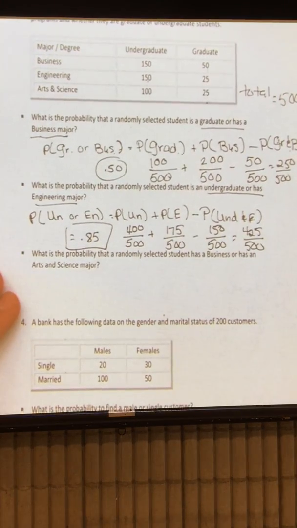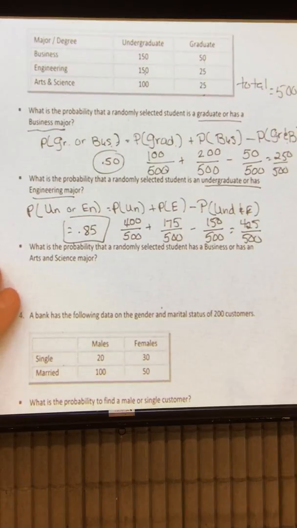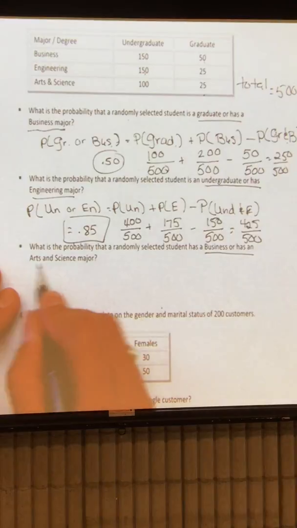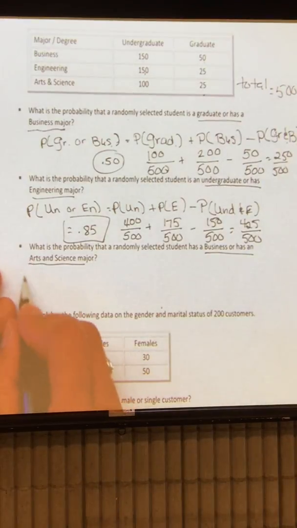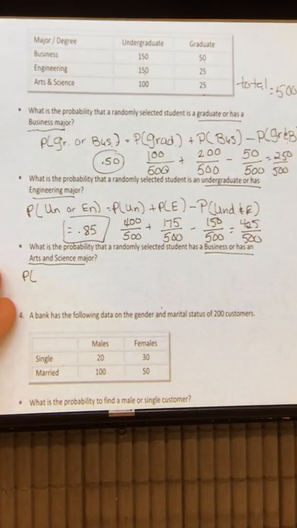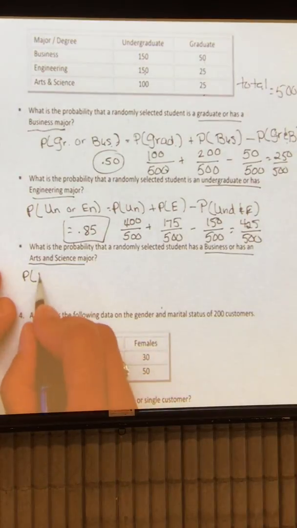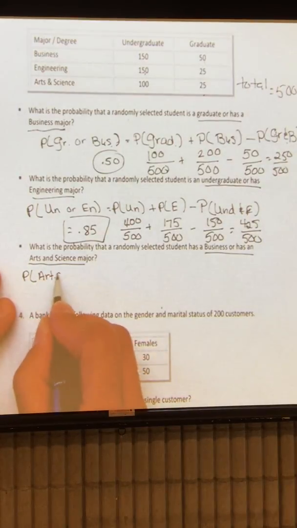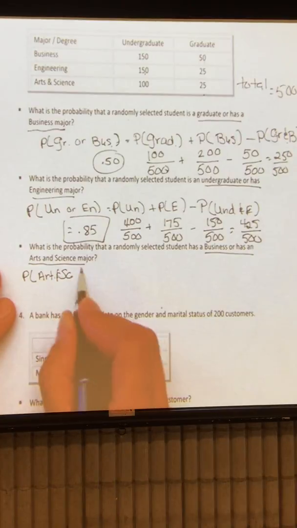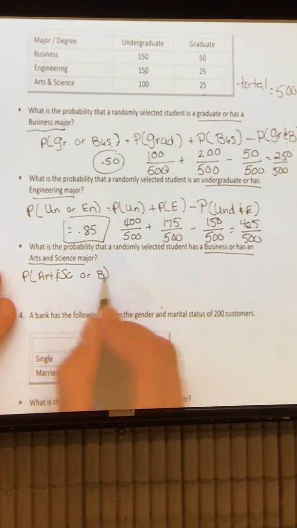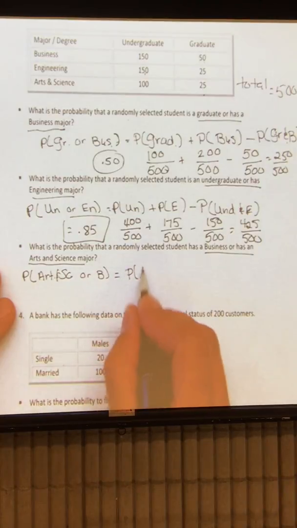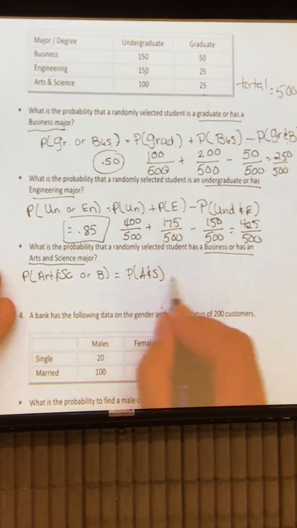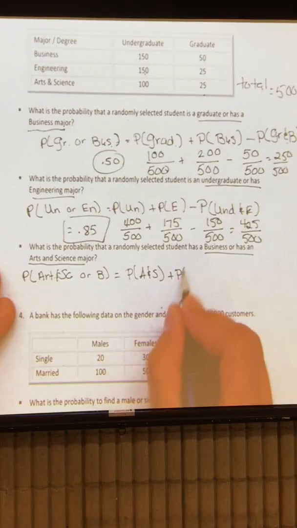And the last one from number 3, what is the probability that a randomly selected student has a business or an arts and science major? So the probability of arts and science or business is the probability of arts and science plus business.